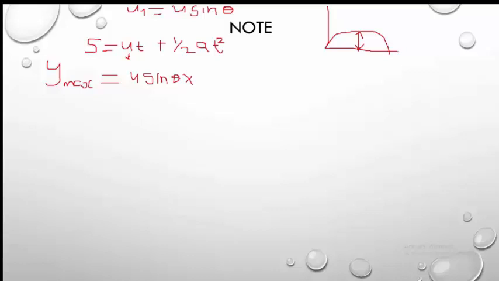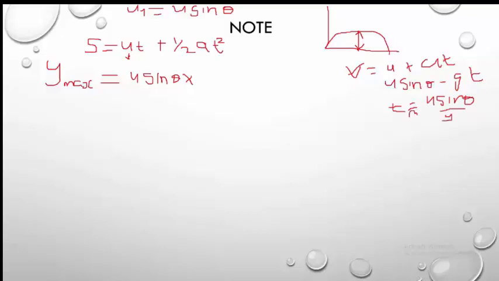T is the time to get to this maximum height, which we did the other time from v is equal to u plus at. I will say this one was 0. I will put this one as u sine theta minus gt. So I can get my t to be equal to u sine theta over g. So this is time to get to the maximum height.